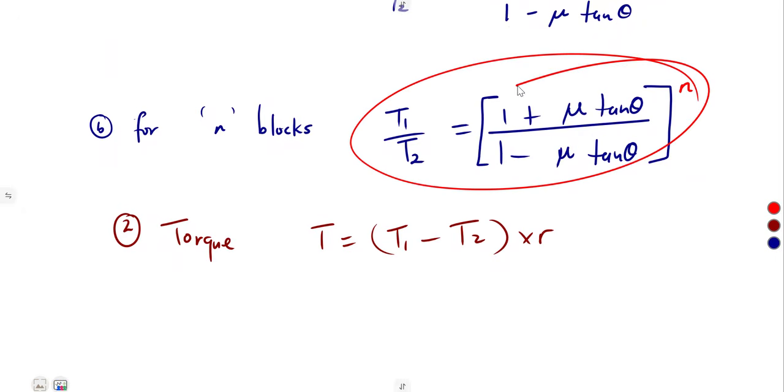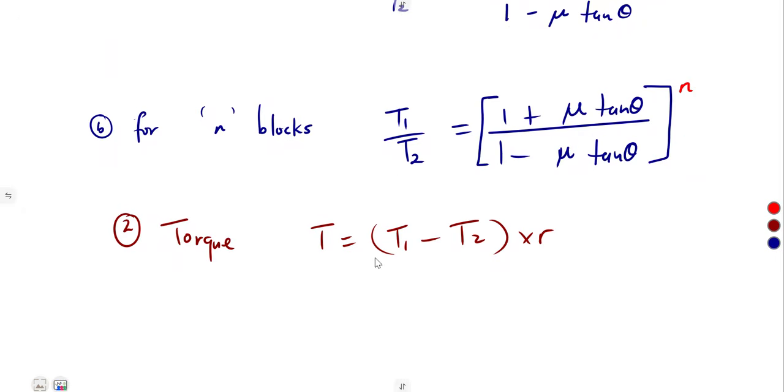You have a ratio here, then you can form another equation for T1 minus T2, by dividing by R. So it's going to be the torque over the radius. Very important for our calculations later on.